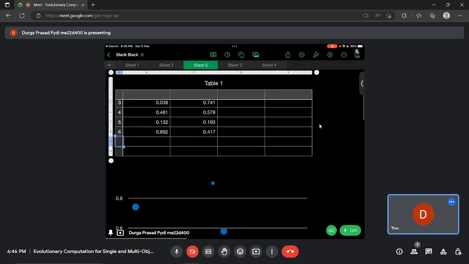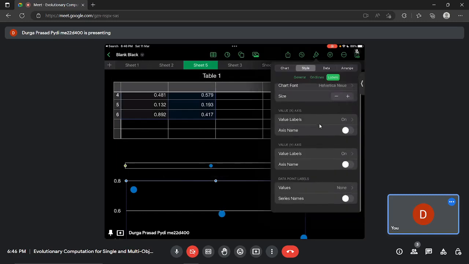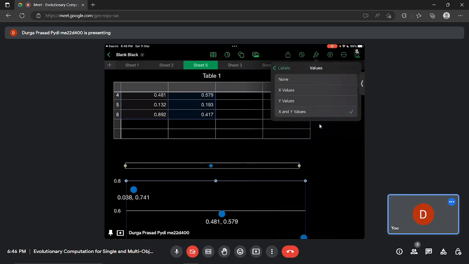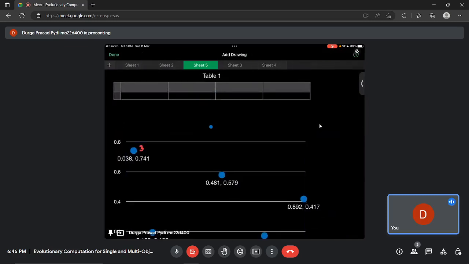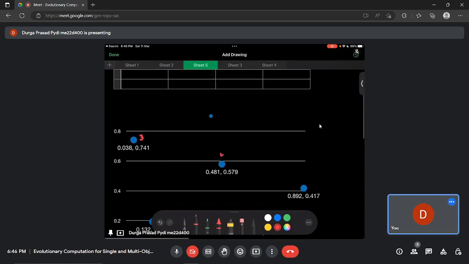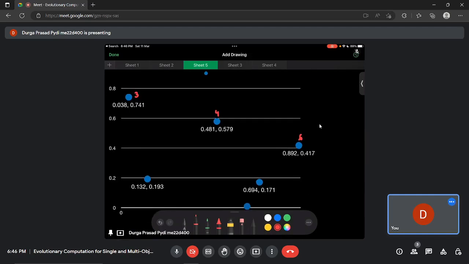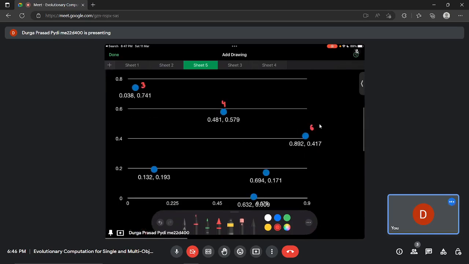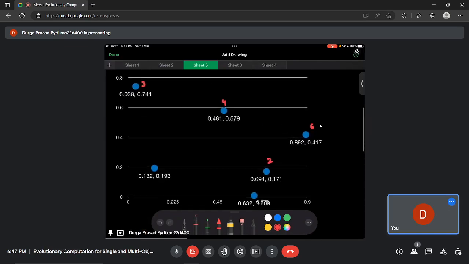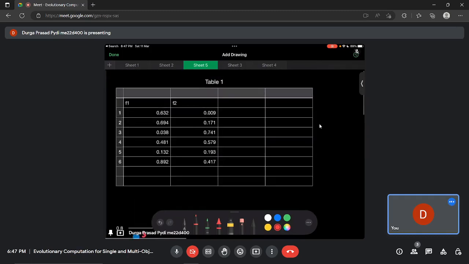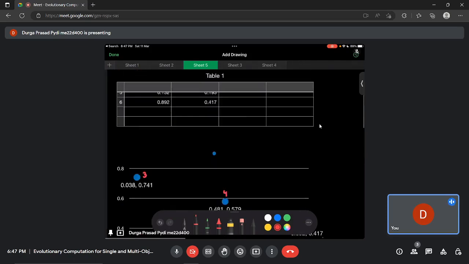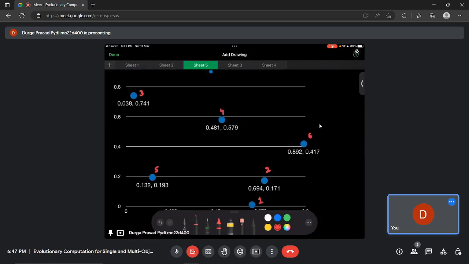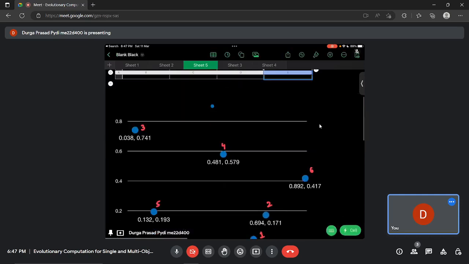So 0.632, 0.038 and 0.741 is index 3. 0.481 is index 4. 0.892 is index 6. 0.694 is index 2. 0.632 is index 1. 0.132 is index 5. Okay, these are my individuals.